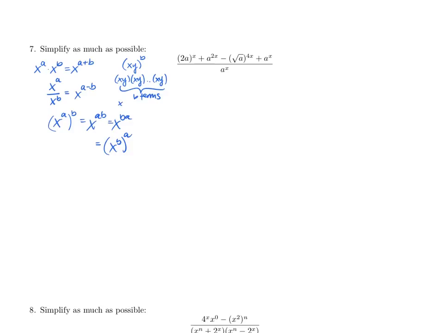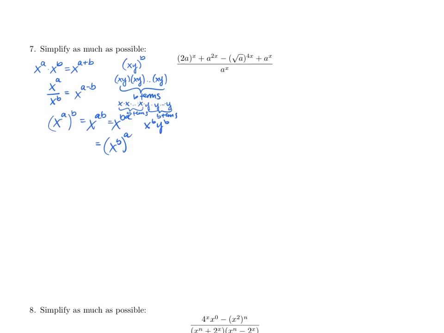Because multiplication is commutative and associative, meaning you can do it in whatever order you want and group it however you like, you would end up with b terms of x and b terms of y. And so this (xy) to the b is going to be x to the b times y to the b.